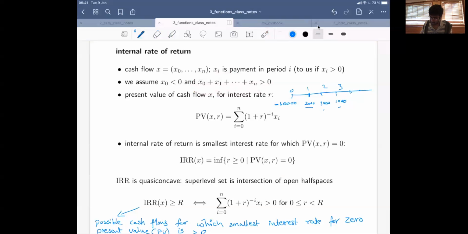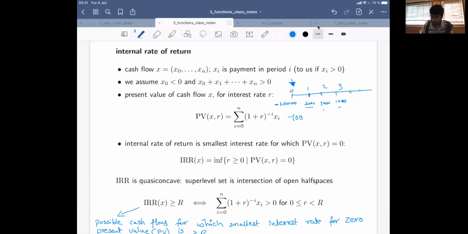So after accounting for this interest, how do we form the net value? That's the question. When we take the sum, the present is at this point, when I start the project.